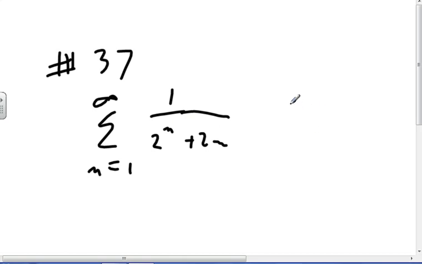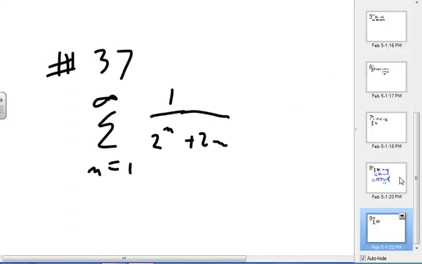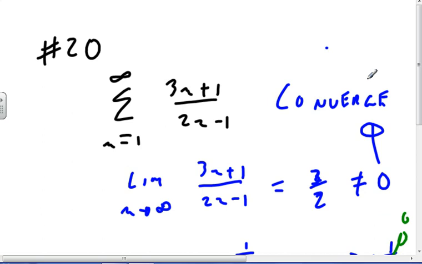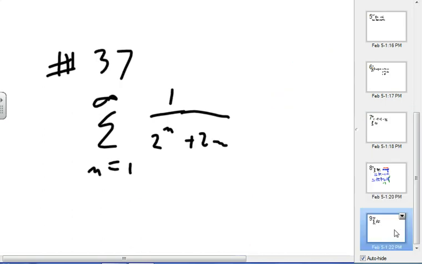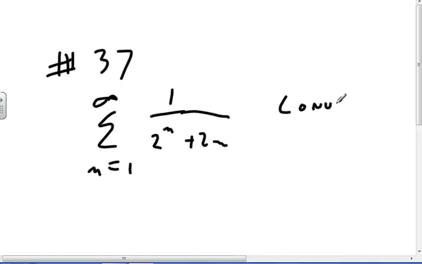Diverge. Did I write down the wrong thing last time? Diverge. How come you didn't catch me on that? All right, back to here. You want to change your answer now? Okay, so this one's going to converge.